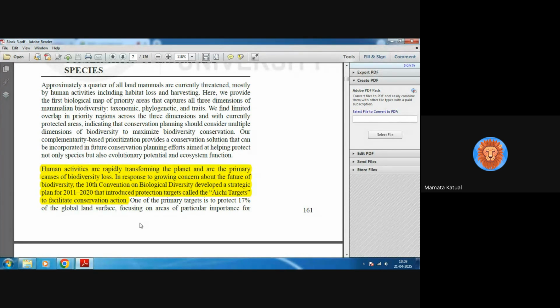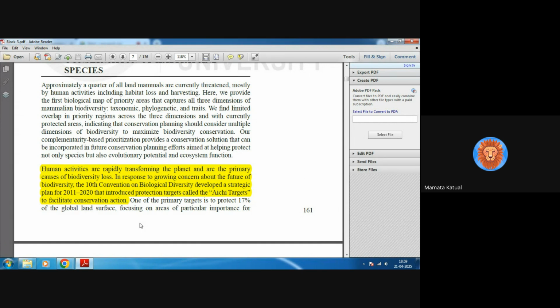So from time to time there are different conventions on biological diversity. On the 10th convention, that developed a plan, and this plan was for 10 years from 2011 to 2020. So they introduced protection targets.